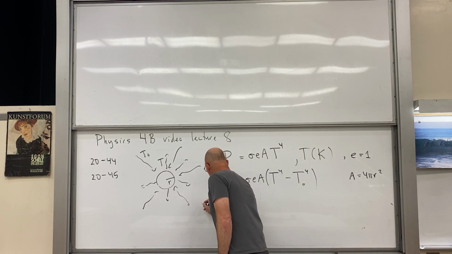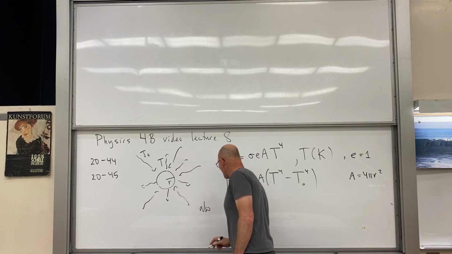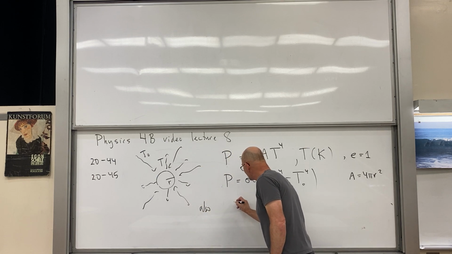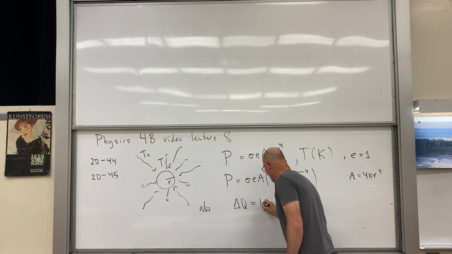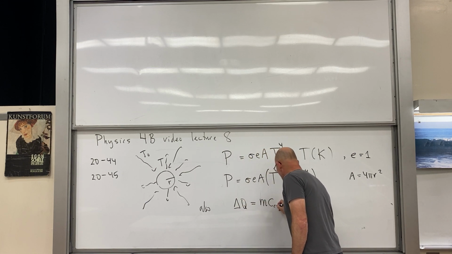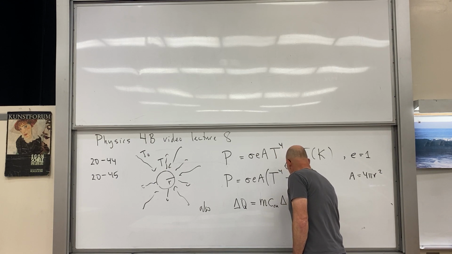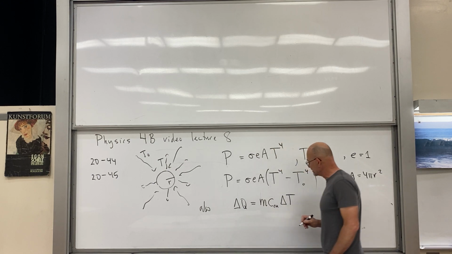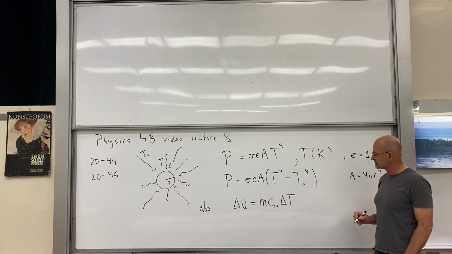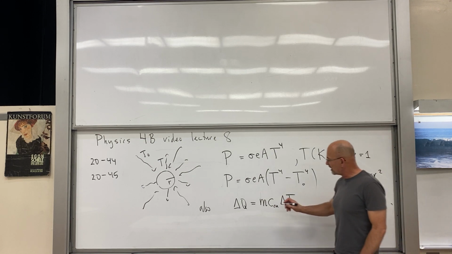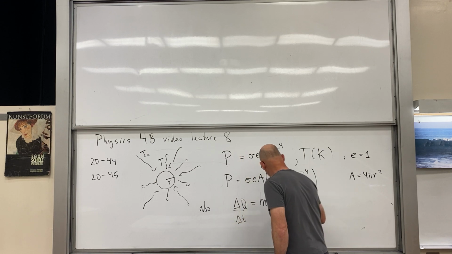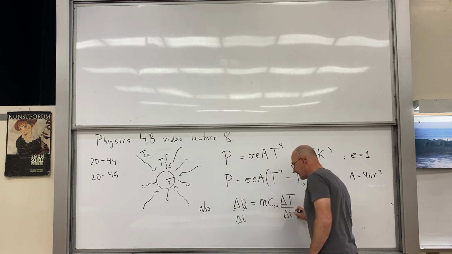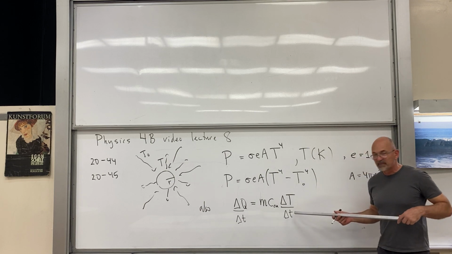So we can also ask that question, and we know that we have delta Q is equal to mass times specific heat of copper times change in temperature. And if we want to call that delta Q over delta T, then this is the rate of change of temperature we're obtaining right here.